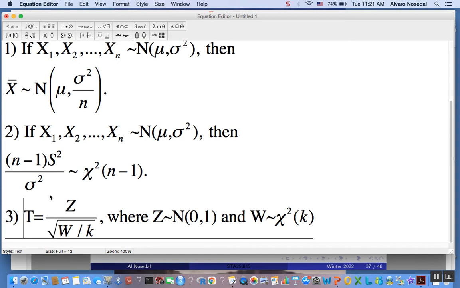So this is the definition of a T distribution. Z and W must be independent.